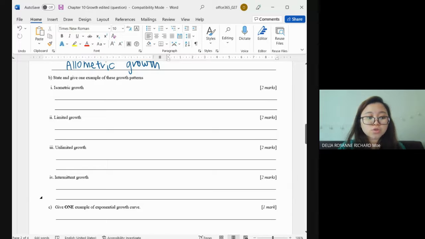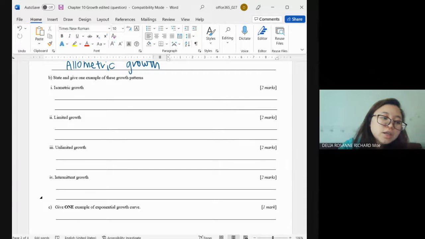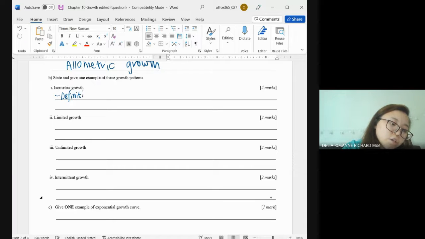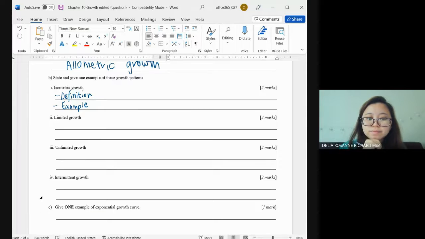Mungkin kamu cari contoh sendiri, tapi kamu kurang pasti contoh kamu betul atau tidak. Oh, sorry. Ini kamu perlu bagi definisi dulu. Bagi definition, baru kamu bagi example, sebab dia 2 markah. Any fun examples?